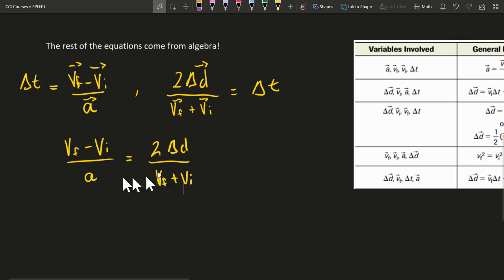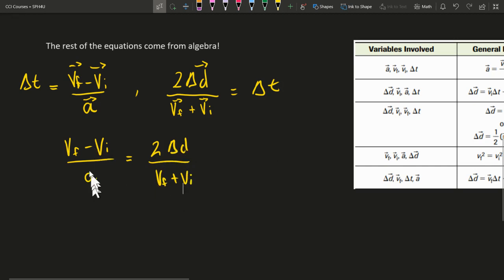We'll get around the fact that these are scalars when we apply the formula in the context of the situation. We'll be able to determine the direction of the acceleration or the change in position or different things. So I am just getting rid of the vectors, but be careful, because we don't really have a vector multiplication equivalent right now.